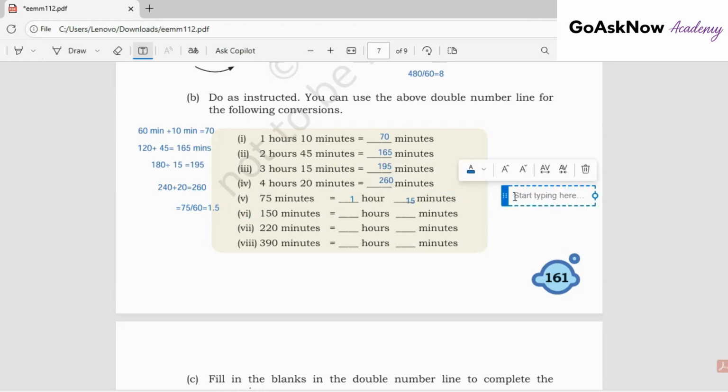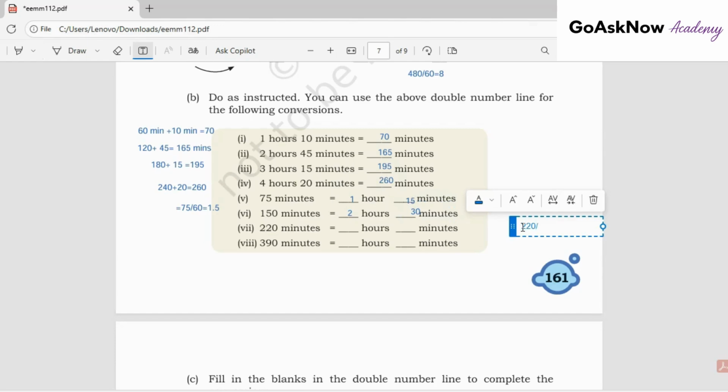Next 150 minutes. 150 divided by 60, which is equal to 2.30, which is 2 hours 30 minutes. Next 220. 220 divided by 60, which is equal to 3.40, which is 3 hours 40 minutes.